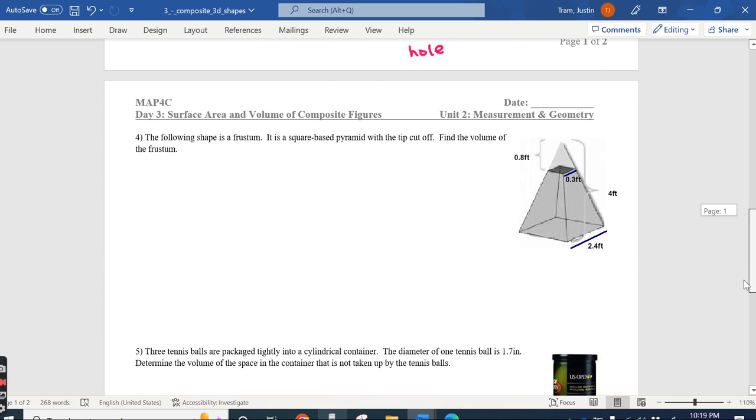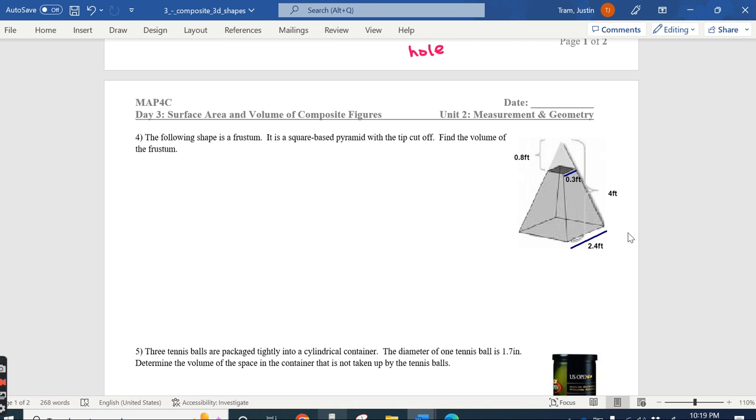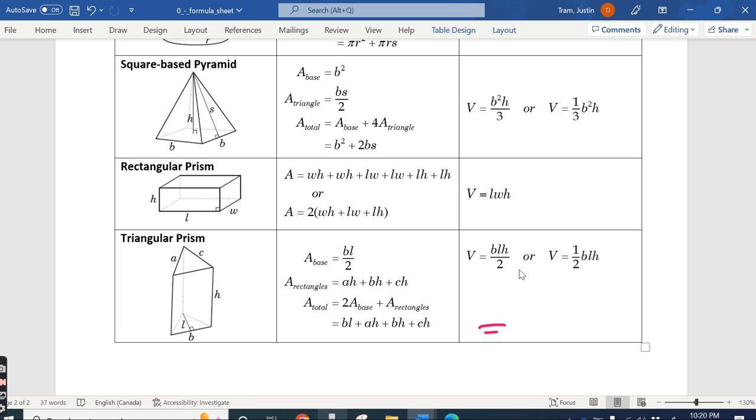Number 4, this shape is called a frustum. It is a square-based pyramid with the tip cut off. Find the volume of this frustum. So of course with this one, you can use the volume of a triangular prism, which is right here. And then once you find the volume of that, then if you notice the tip that's cut off, isn't that just another smaller pyramid?